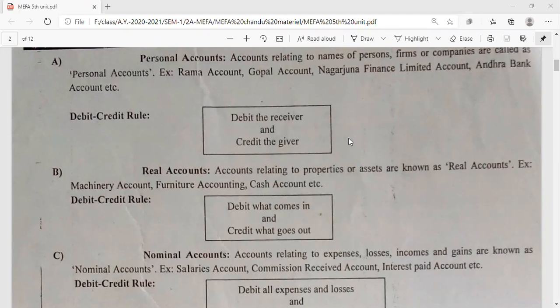If you simply study, you may not know the exact meaning. So debit the receiver and credit the giver. Debit the receiver in the sense the person may be charged some amount.